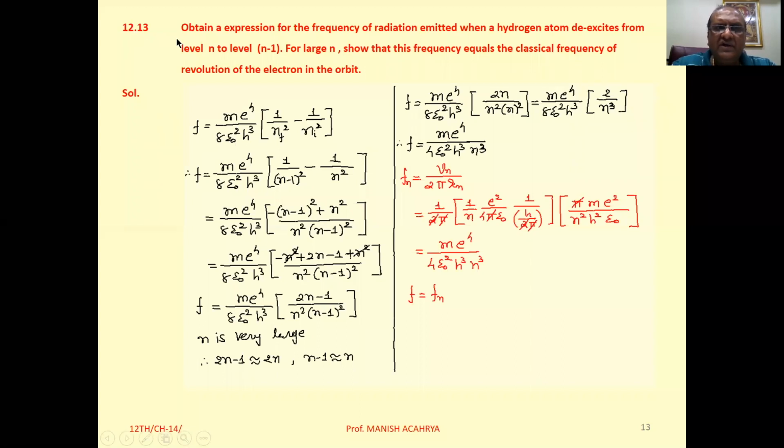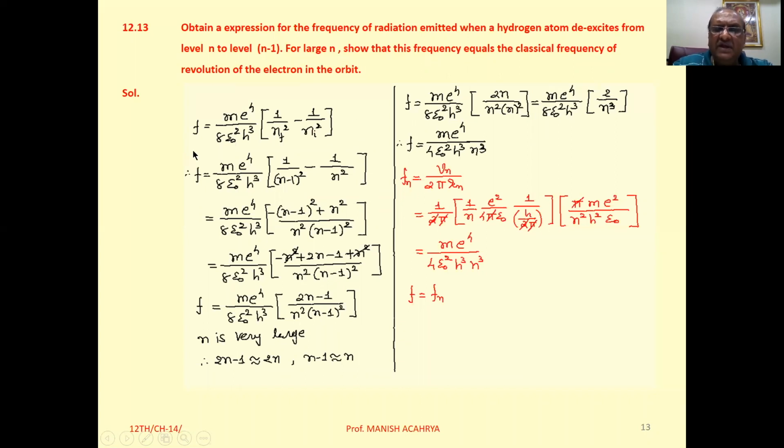Next, 12.13: obtain an expression for the frequency of radiation emitted when a hydrogen atom de-excites from level n to level n minus 1 for large n, so that this frequency equals the classical frequency of the revolution of the electron in the orbit.